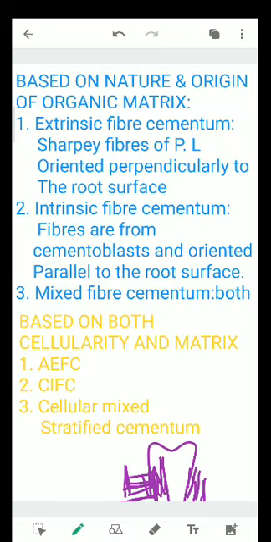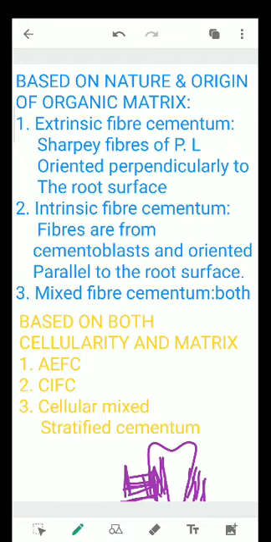Your AEFC is normally found cervically, in the cervical two-thirds of the root, while the CIFC, just like the cellular cementum that covers it, is usually found in the apex and interradicular areas, that's why I said it is cellular or secondary cementum.